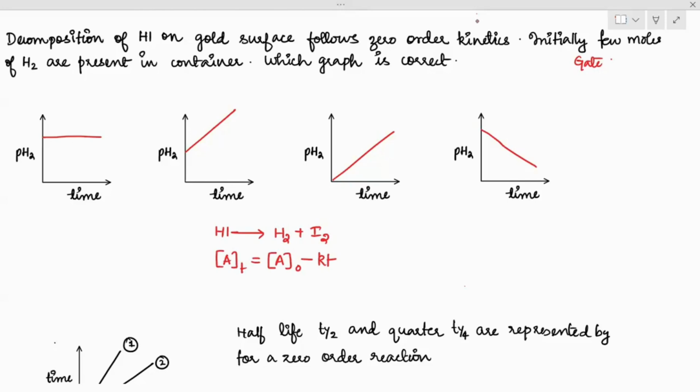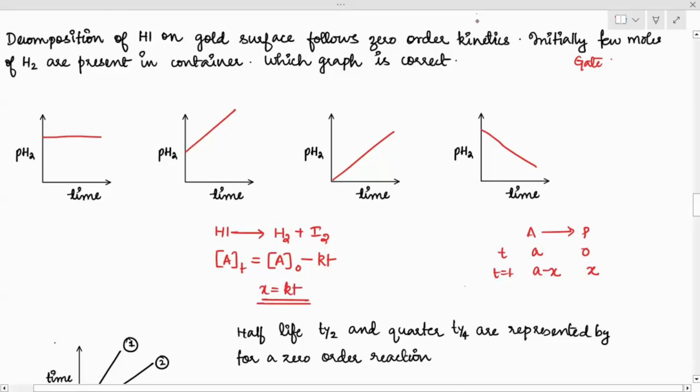Also, we have learned that for the product formed, for example, if you have any reaction A giving P, initial concentration is A and 0, while at any time T, this is A minus X and this is X being formed. This was learned, correct? And we also derived in our class that X is equal to KT.